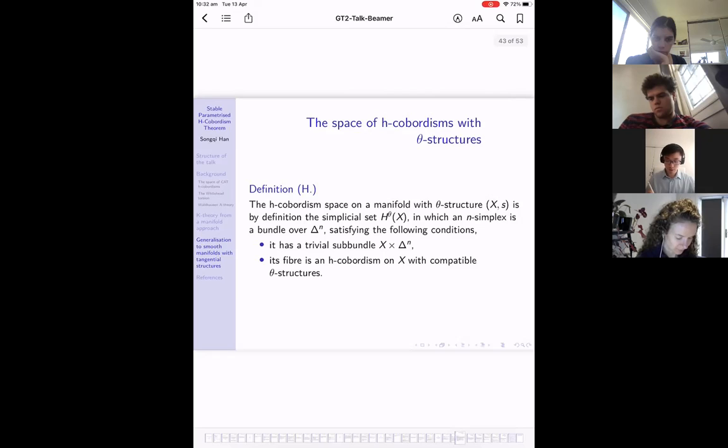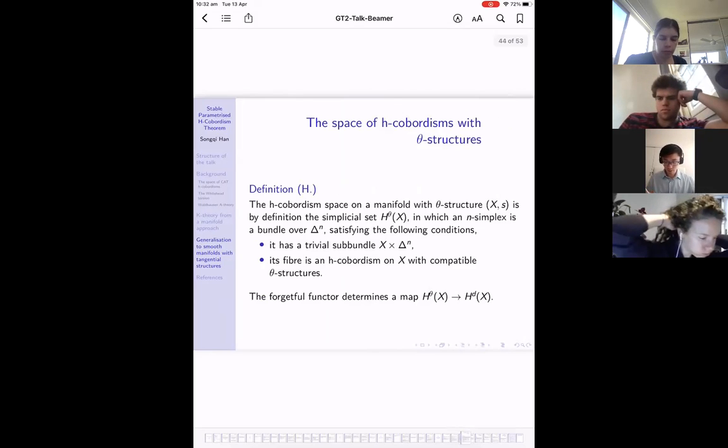So at each point in delta n, its fiber is an h-cobordism on X equipped with a theta structure that is compatible with the theta structure on X. And as before, there's a forgetful functor from the space of h-cobordisms with theta structure to the space of smooth h-cobordisms just by forgetting the theta structure.